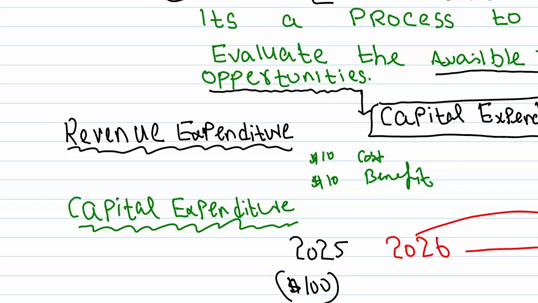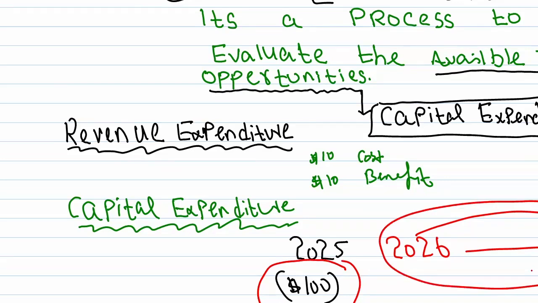Now, in capital expenditure, the time between incurring a heavy expenditure and getting the benefit is quite prolonged. And when there is a long time gap, then there is more risk and more uncertainty as well.